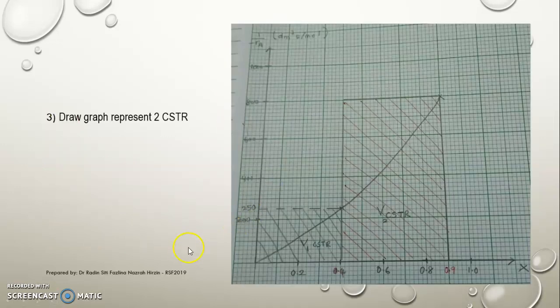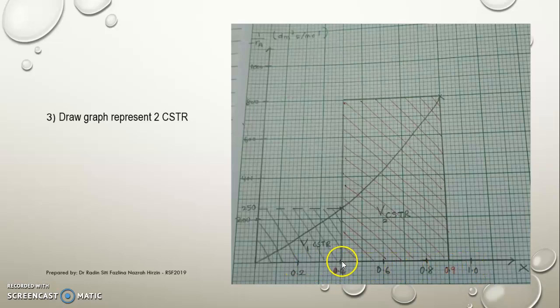Okay, untuk graph dia jangan lupa CSTR awak kena plotkan semua. Okay, you need to plot the x dulu. Okay, 0.2, 0.4, 0.6, 0.8. Ikutlah awak nak buat scheme macam mana. Depend on you.